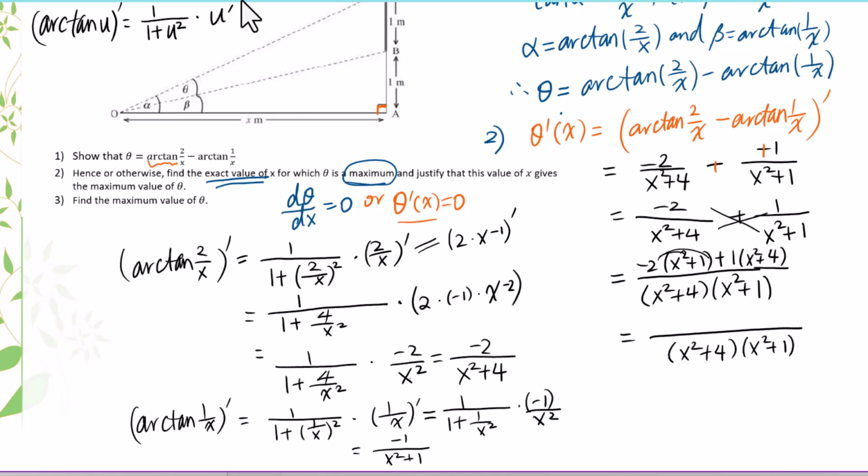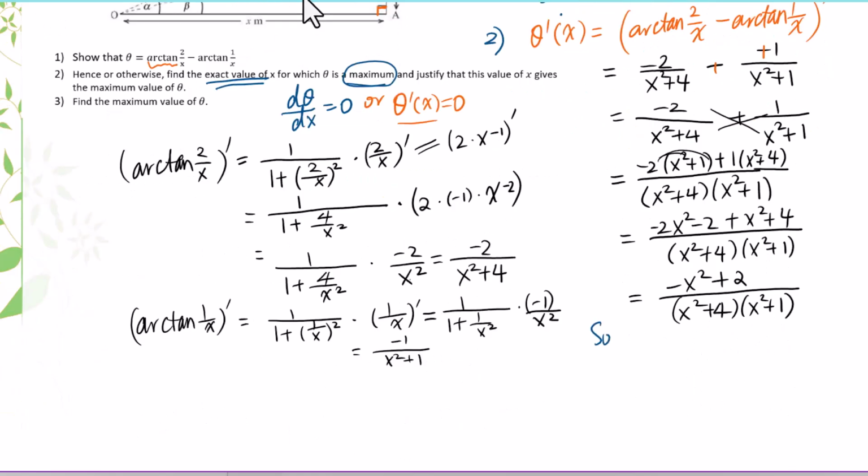Distributive property: negative 2x squared minus 2 plus x squared plus 4. Simplify again: negative x squared plus 2 over x squared plus 4 times x squared plus 1.